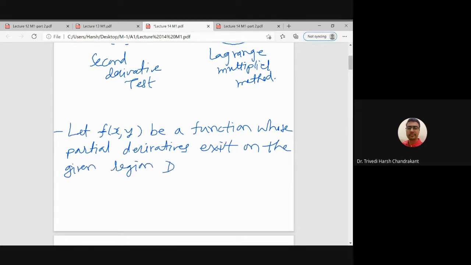Region means there is a set which has a boundary. Such a set is known as a region. It includes all the points inside that boundary as well as on the boundary.